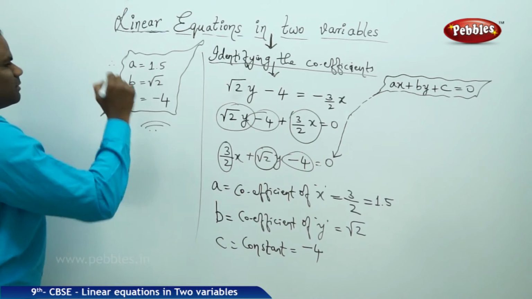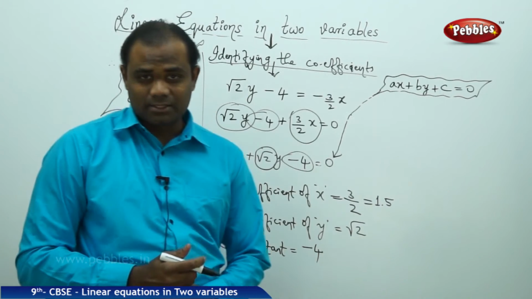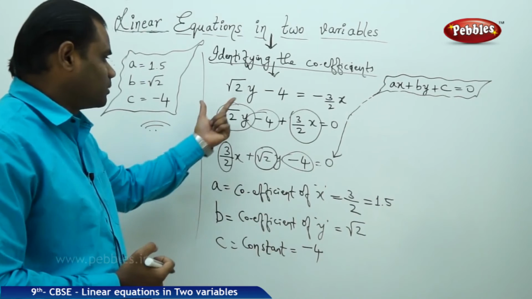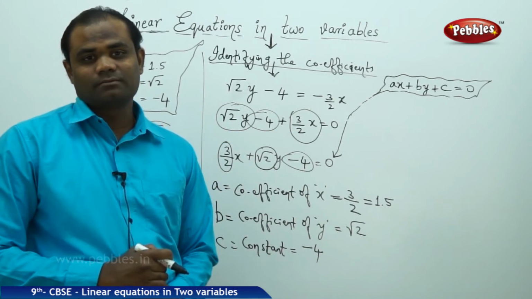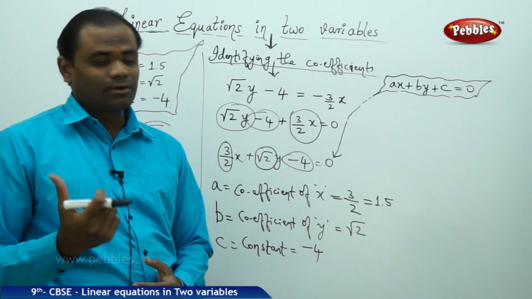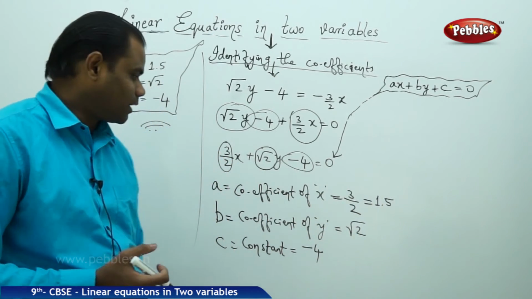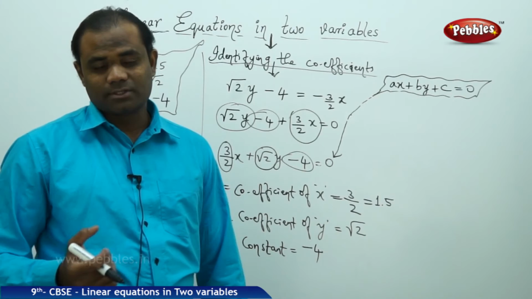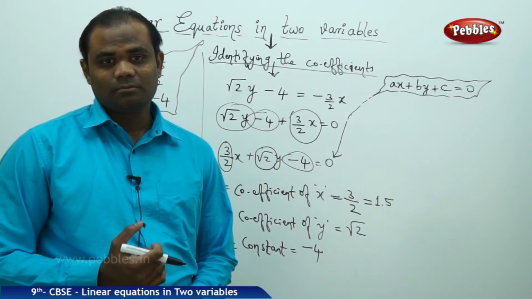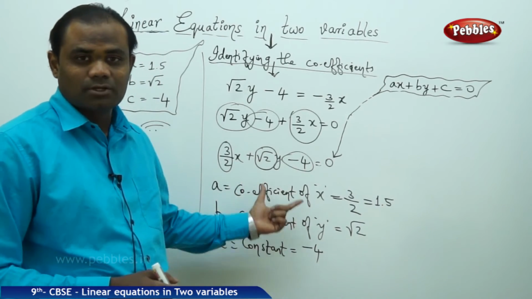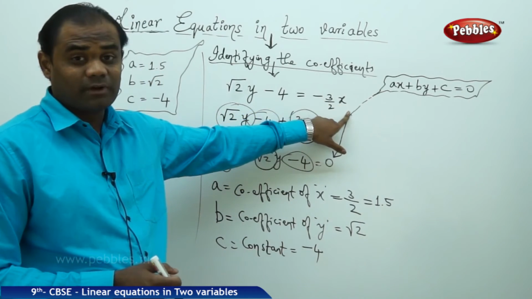which is minus 4, is how I understand the identifying of the coefficients in the linear polynomial in two variables x and y. A is the coefficient of x, 1.5, b is the coefficient of y, root 2, and c is the constant, minus 4. But it's very important to note that this formula is not applied directly in the unsimplified form.